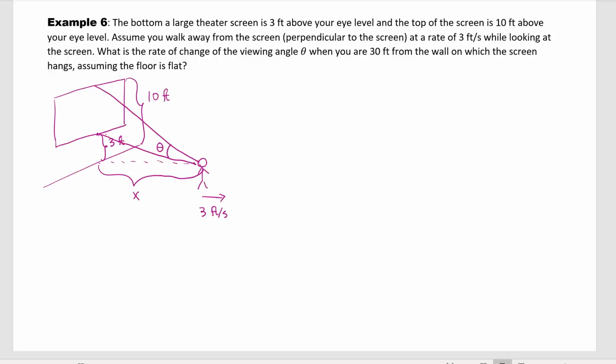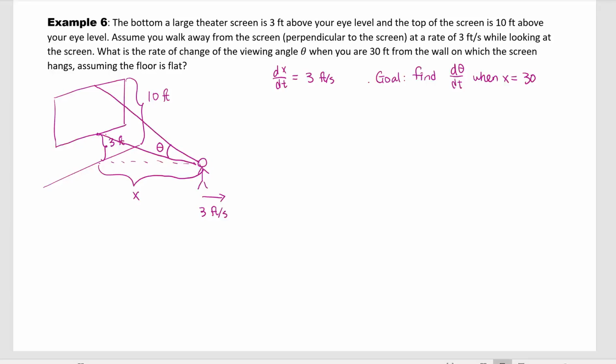So now we know dx/dt is 3 feet per second, and our goal is to find d theta/dt when x equals 30. So that is the picture and the variables.